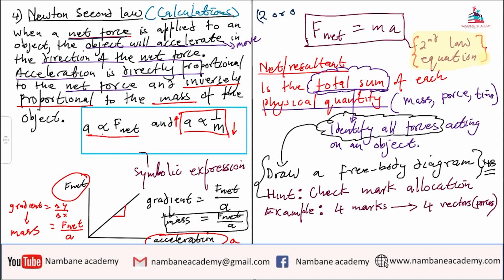But when we want the truck to move a little bit faster, what do we do? We take off the packages and leave the truck with nothing. So the bigger the mass, the smaller the acceleration. It is this part where it says it is inversely proportional to the mass of the object.